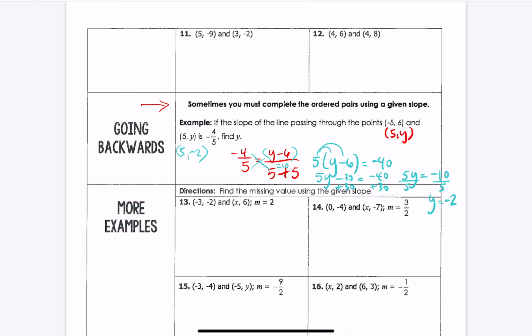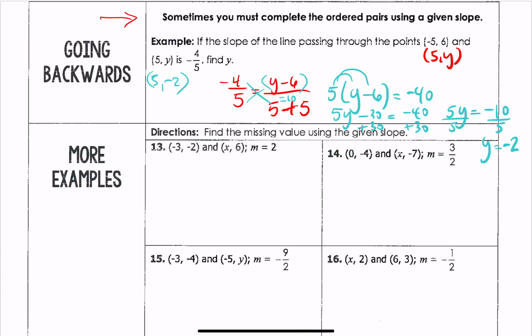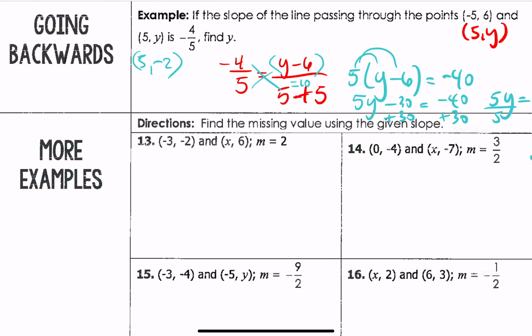So these are definitely way more tricky because you have to be able to set them up, and then you have to be able to solve them. So we'll do one more together. So again, you're using that formula, m equals y2 minus y1 over x2 minus x1, but you know m. They tell you m. So right away, you know the left-hand side of this equation.